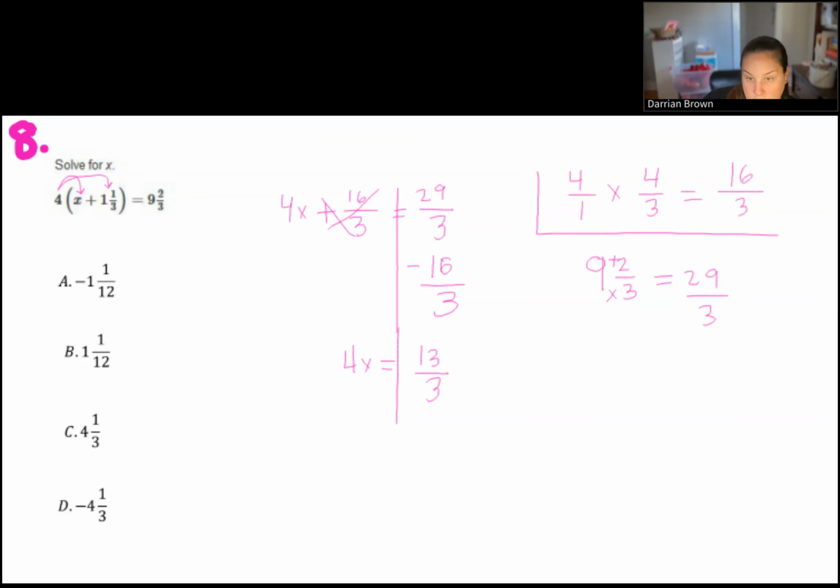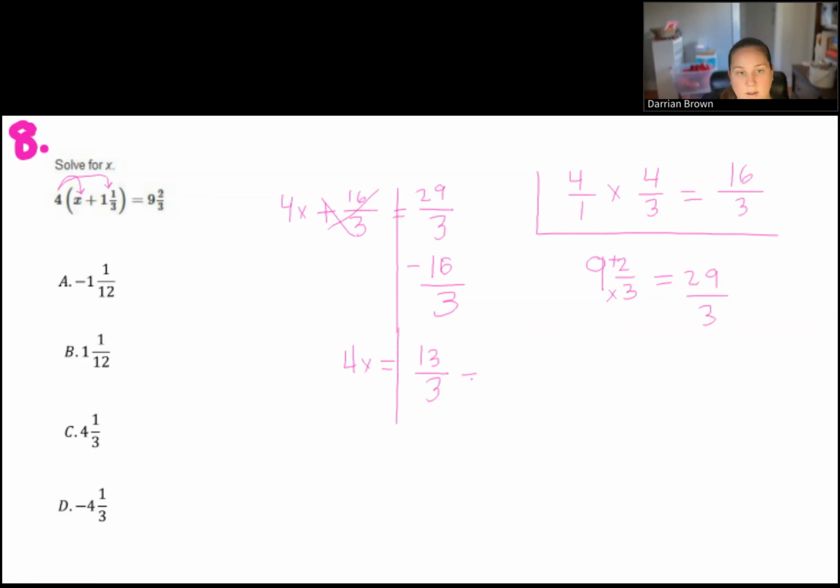That x is currently being multiplied by 4. How do we undo that? How do we get rid of that 4 that's with the x? Divide. Very good, Annabelle.